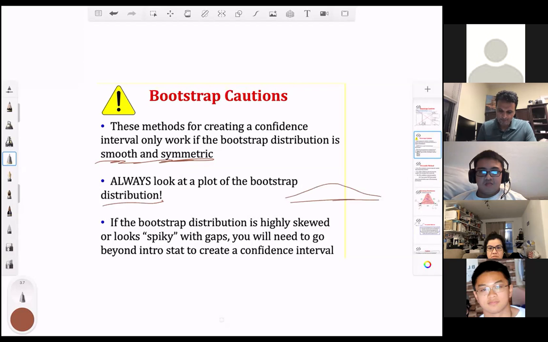If the bootstrap distribution is highly skewed or looks spiky with gaps, you will need to go beyond intro stats to create a confidence interval. That means we cannot find the confidence interval if there's a gap between each data point in the plot.